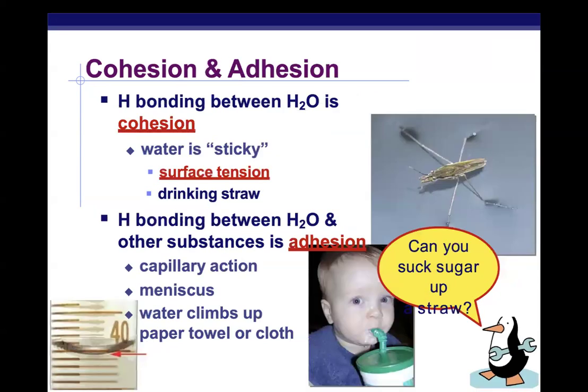So, remember when we said that water forms hydrogen bonds with other water molecules? That makes water cohesive. So cohesion is when one atom or molecule sticks to another atom or molecule of the same type. So one water molecule can form hydrogen bonds and stick to another water molecule.